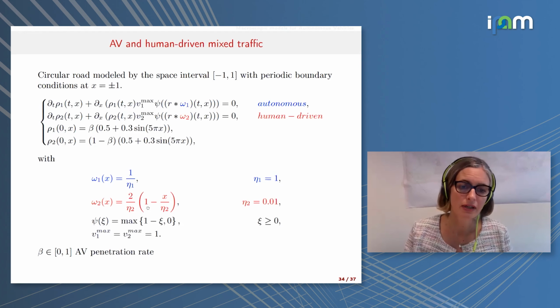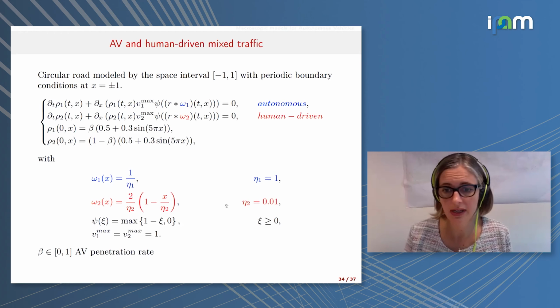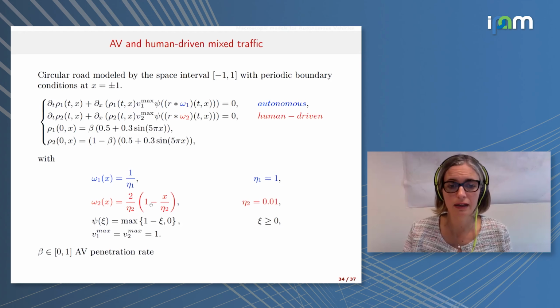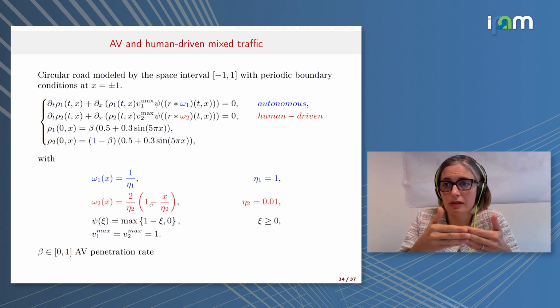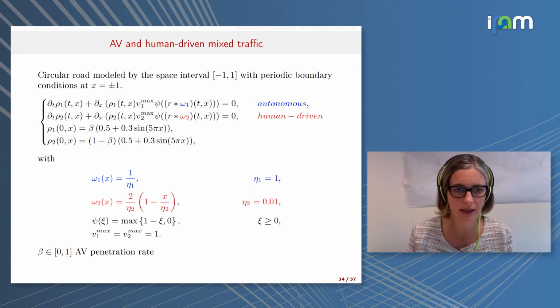And the human drivers behave more like we are behaving, so they don't see very far, and they see very well what is close to them and much less what is far, so the weight is linearly decreasing here.